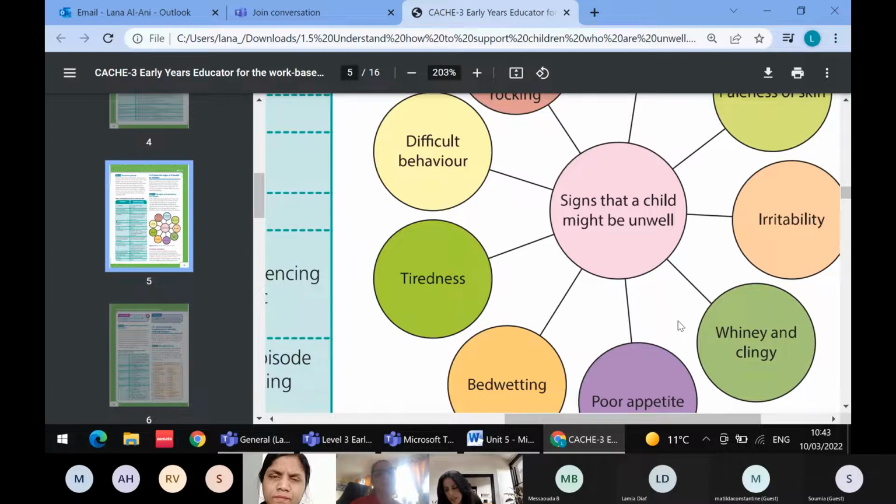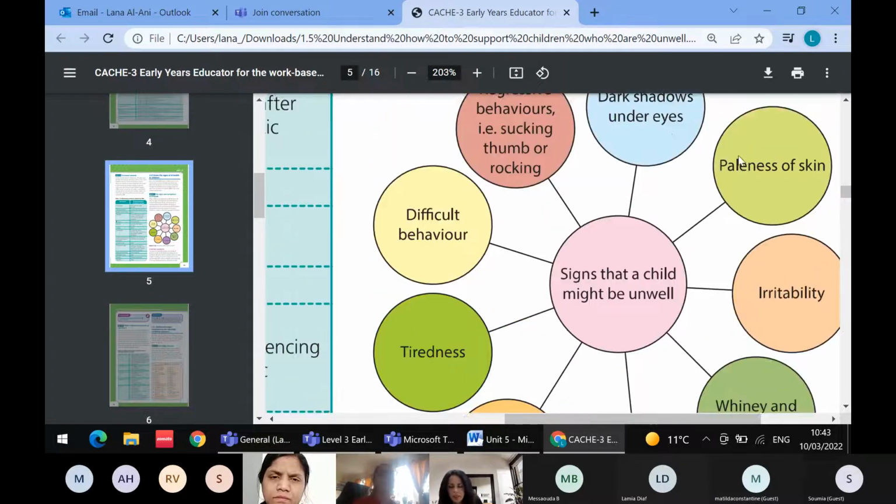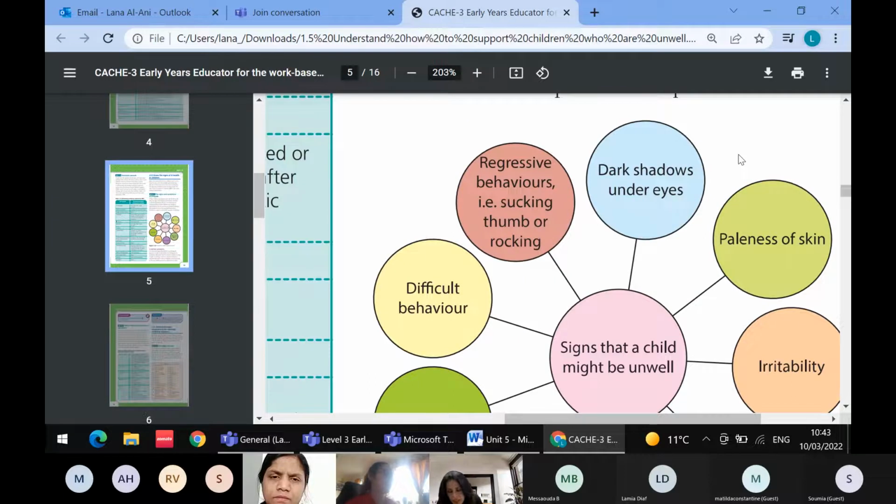Also, they wet their bed. They feel tired, and they might have difficulty in breathing. They might show you difficult behavior. They suddenly become irritable and very aggressive, and they don't want to talk that much.